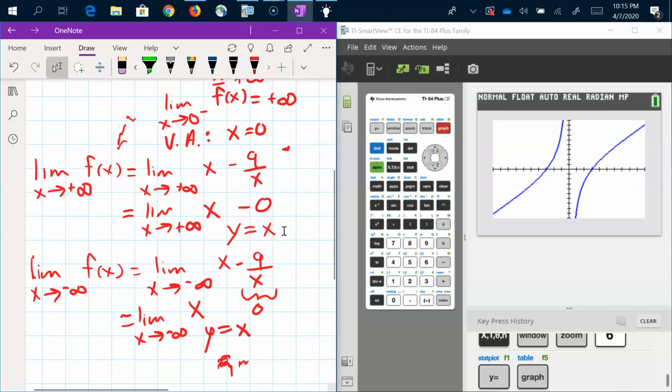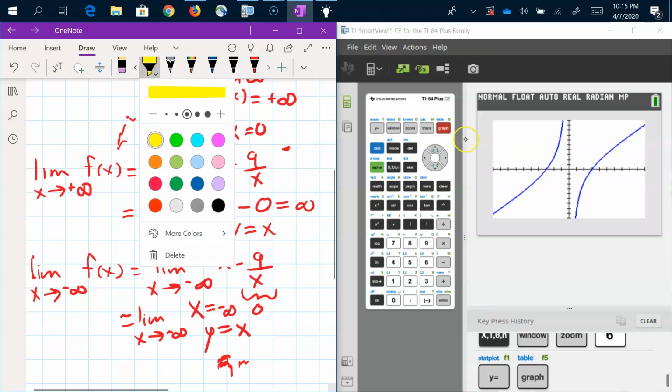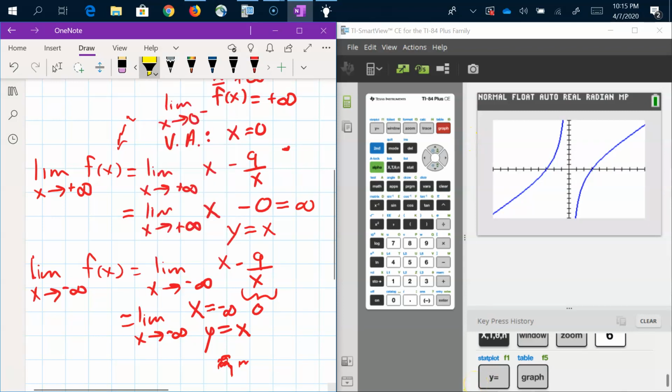Here the limit at positive infinity will go to infinity. So I guess I should be technical here, and this will go to infinity. And on this side, this will go to minus infinity. But it will look like y equals x as far as an oblique asymptote.